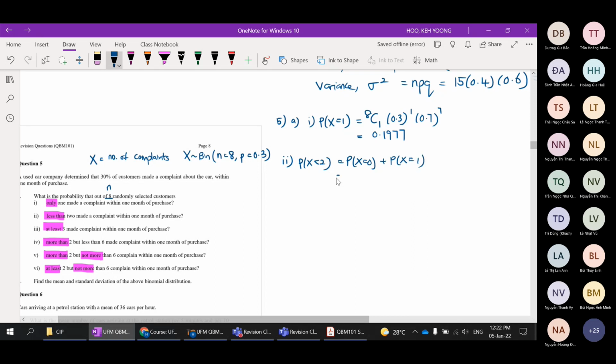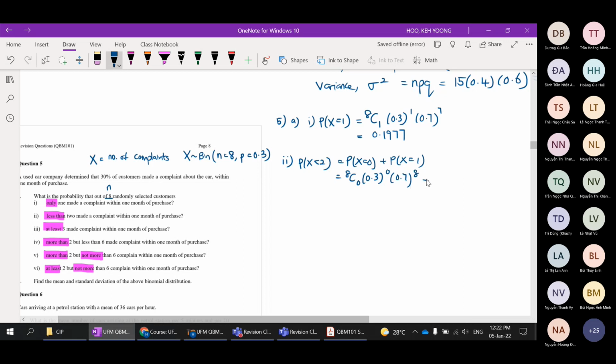I'll show you one more time how to write the proper workings. For the subsequent questions, I won't write down the formulas and substitutions anymore. So here, 8C0, x equals 0, p power 0, q power 8.